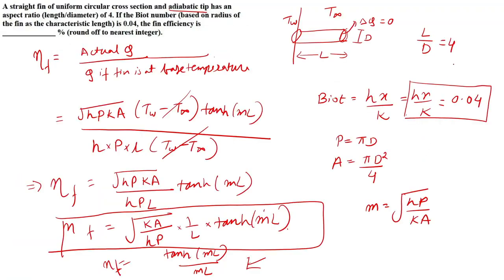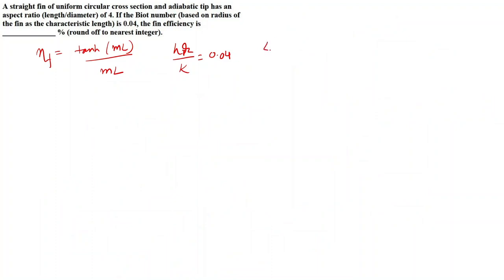The other thing we have is L by D is 4. To find this efficiency, let's just calculate this m first. So m is given as under root of hP upon kA.